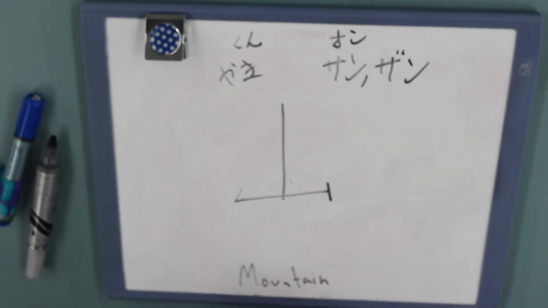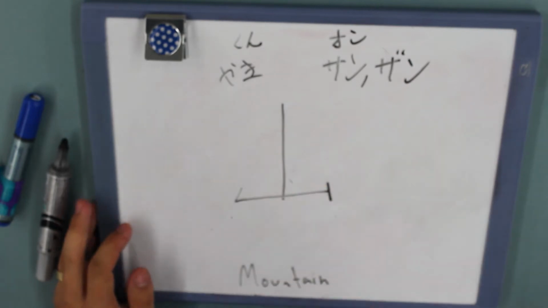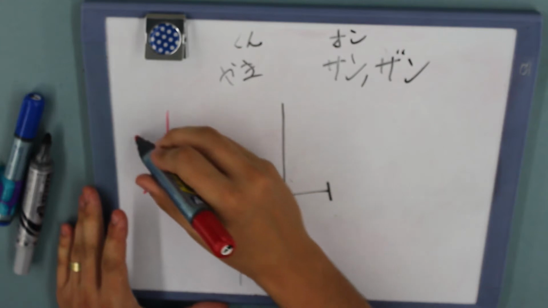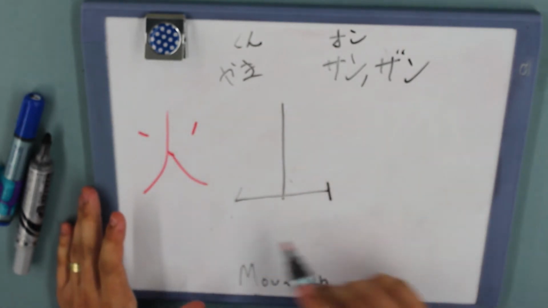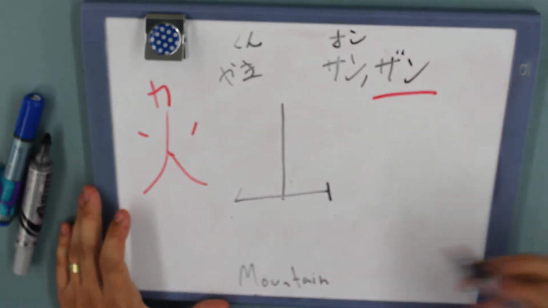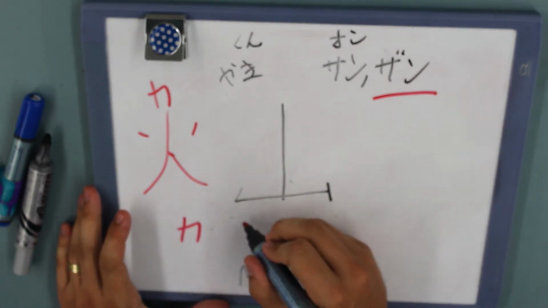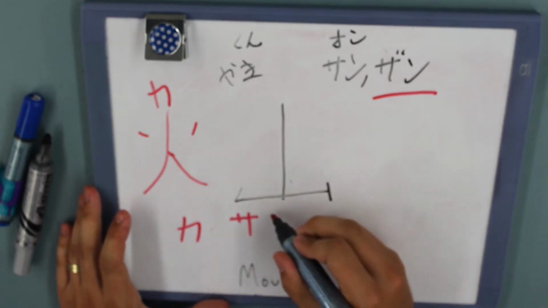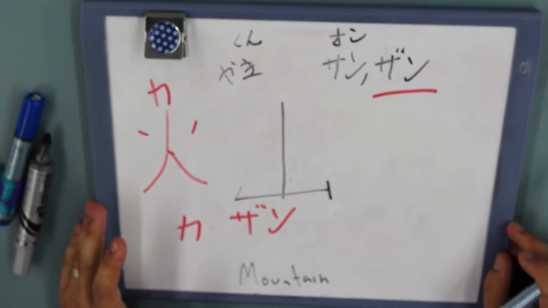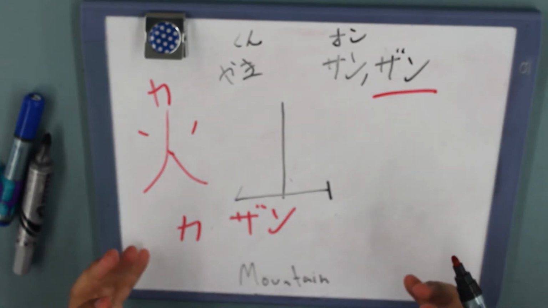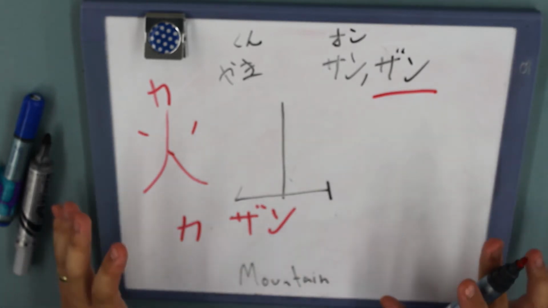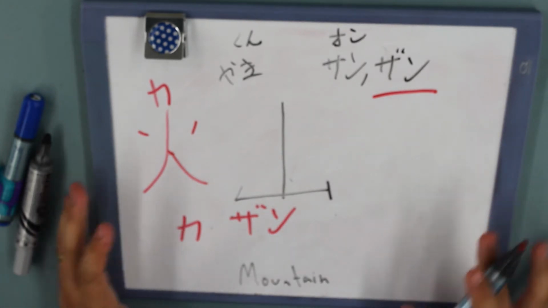So we have the combination which starts with mountain and is combined with the kanji for fire, which is ka, the ka of kayobi. So it becomes kazan. So kazan is a little bit interesting because when it comes to kanji, if you have a combination of one or two or more kanji, sometimes you can guess what the word means just by looking at what is combined.